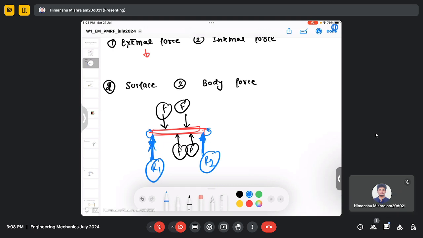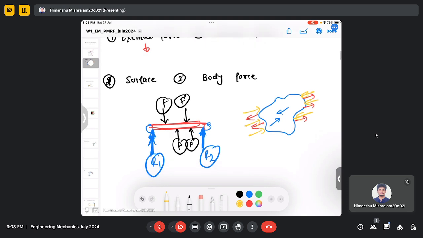Whereas in internal forces, these are the forces that, when they are exerted inside the body, the shape is going to change. So it can be elongated or it can be compressive. So when there is an internal force, there will be a change in the shape of the body. There will be some kind of deformation which is going to take place.